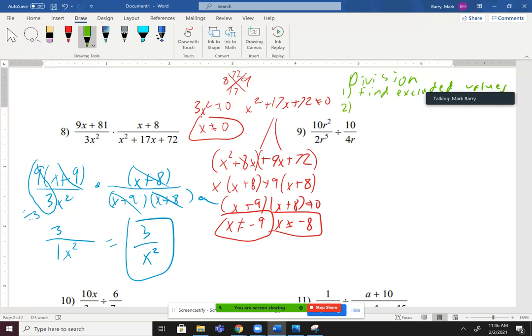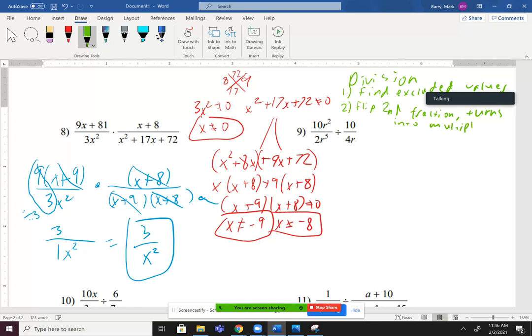And then the second thing we're going to do is flip the second fraction, and it turns into multiplication.